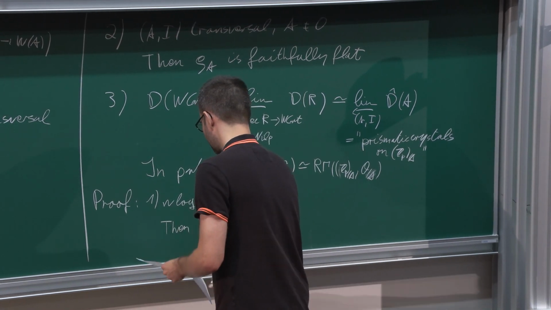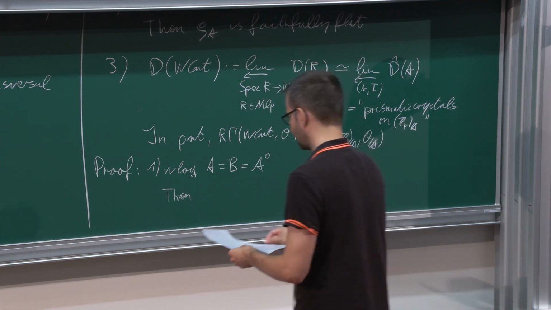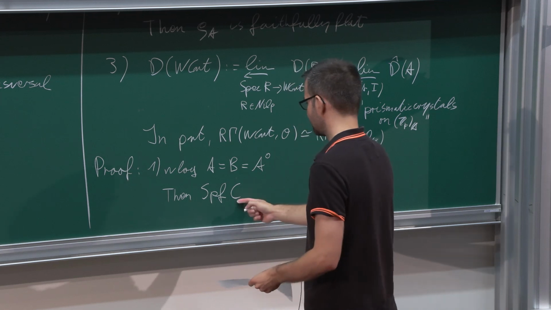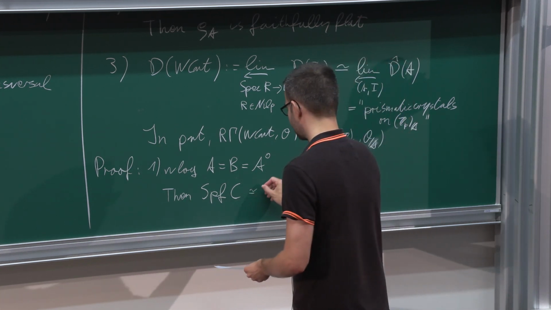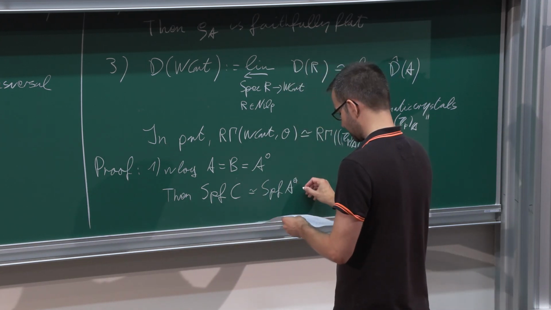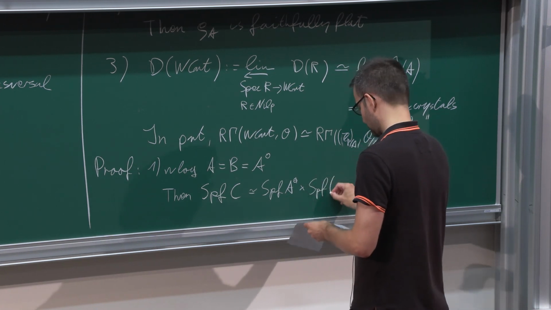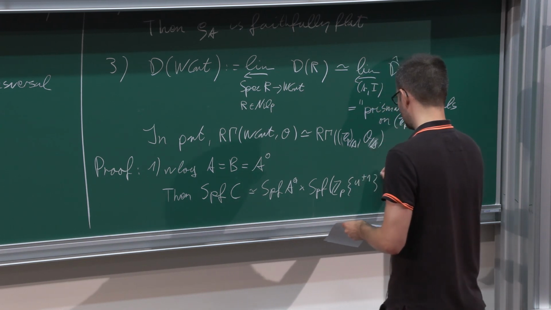So in the end, what we then can calculate is that Spf of C, so C is the product in the prismatic site of A0 with itself, but that's just given by the Spf of A0 times the Spf of this free delta ring on a unit.